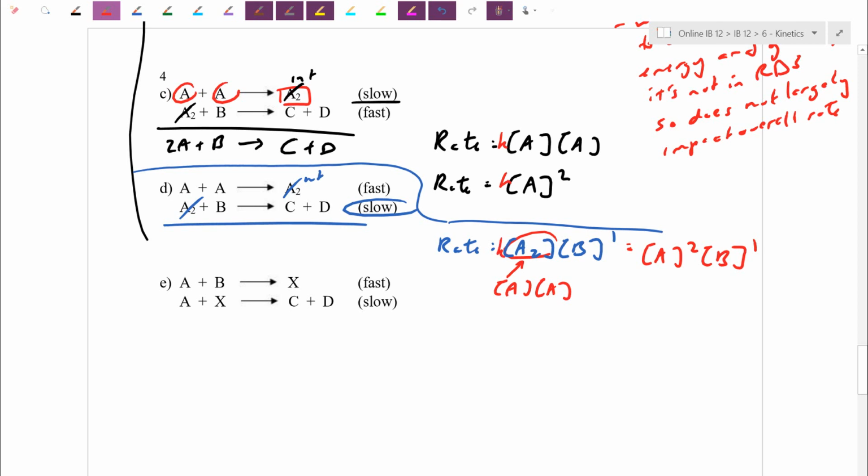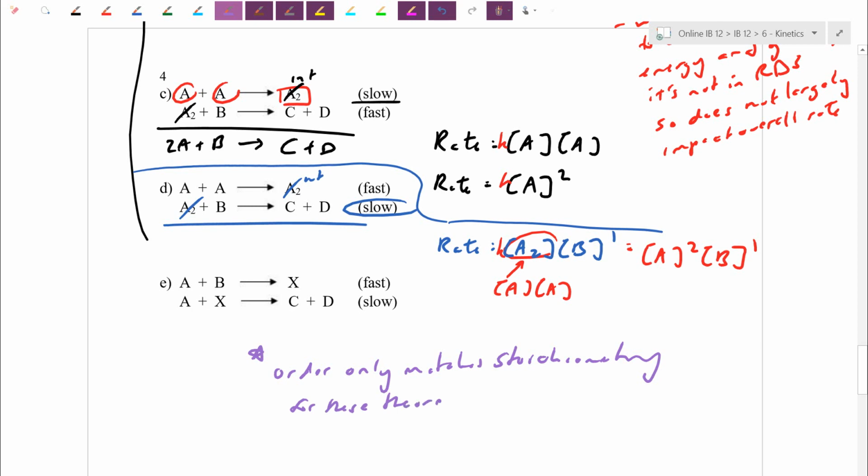But basically, at this theoretical level, if this is really the things that are colliding together, we can use the coefficients for these elementary processes. The order only matches the stoichiometry for these theoretical elementary processes. I don't really know if this is the actual way it happens.